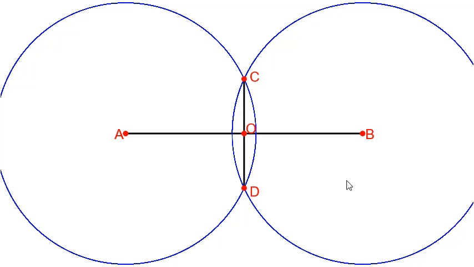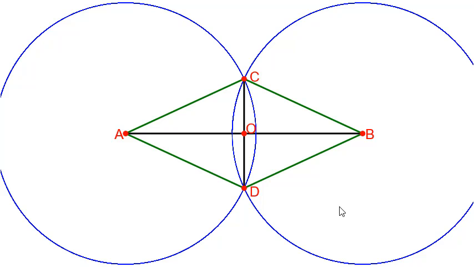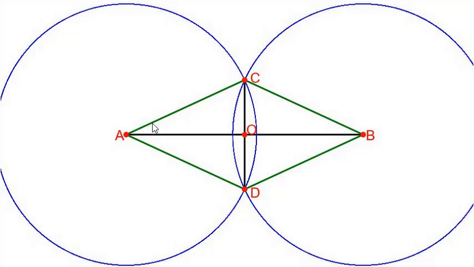So the first thing we are going to do is draw 4 lines, one from A to C, one from B to C, one from A to D, and one from B to D. Okay, so we've drawn those 4 lines. Since we have two circles of the same radius, we can say that the length of the line segment AC is equal to the length of the line segment BC.